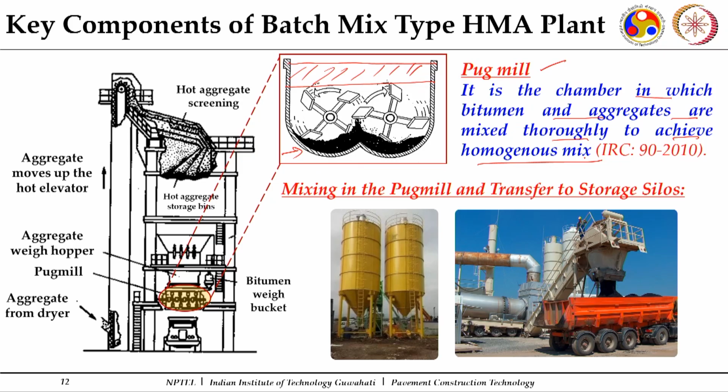It requires time to mix your hot aggregates with the hot bitumen, and once that is mixed, either I can directly transfer it to a tipper, or I need to transfer it to storage silos for a particular period of time, and later it can be transferred as per my requirement to the construction site through tippers.